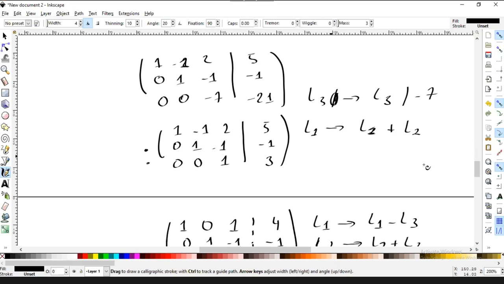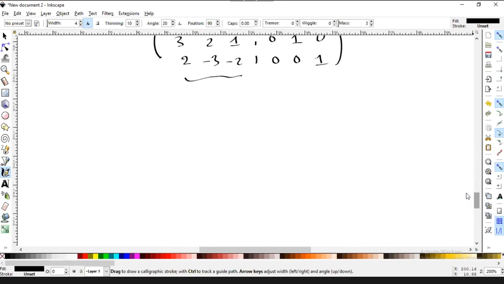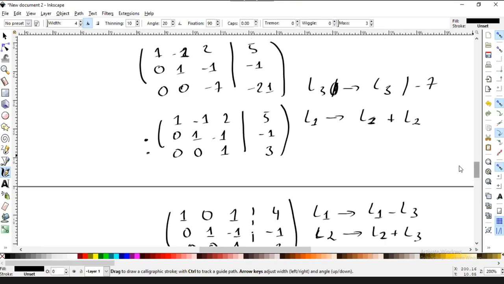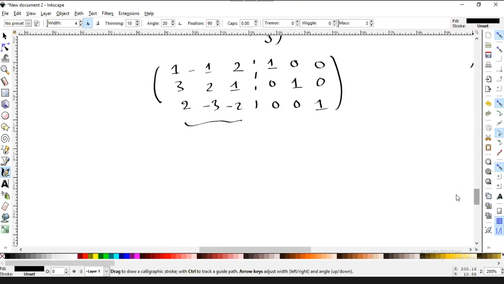Then you move on to this line and you subtract this line from the rest of the lines that are superior to this line. It's the same thing, a bit longer, but it's the same procedure.